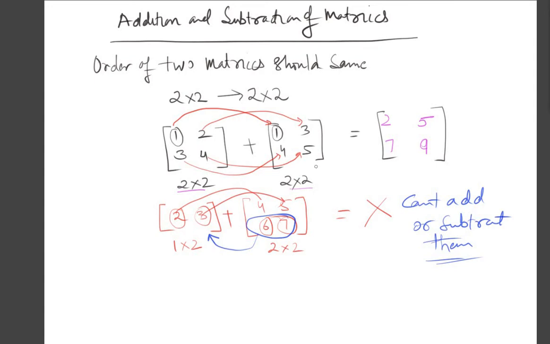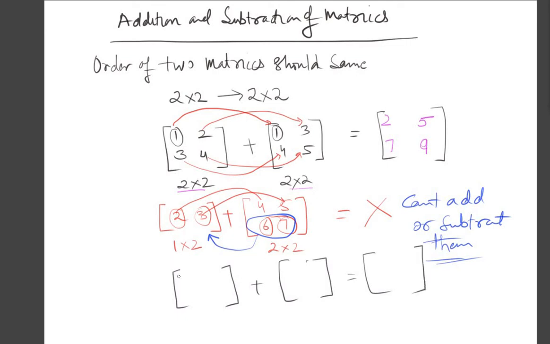And the rule stays pretty much the same for subtraction as well. And I tell you, you've got to apply the same logic for addition and subtraction, even if the elements are positive or negative. Let's take another example. I'm picking two 2 cross 2 matrices.